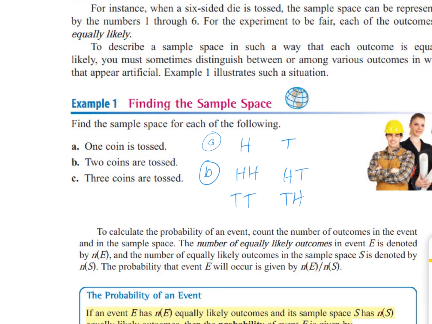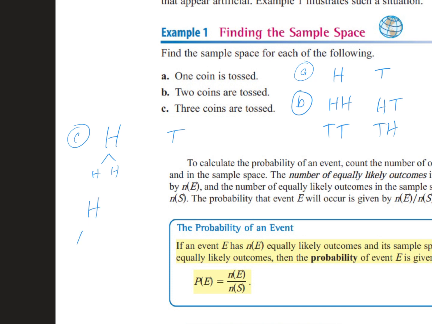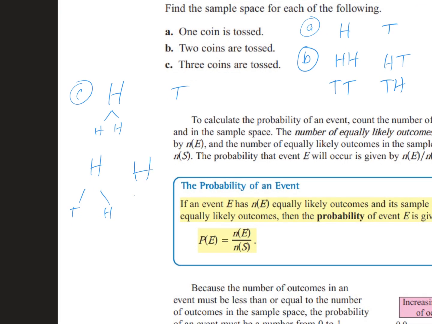So what happens to your sample space when you introduce new things into your experiment? It doesn't necessarily double. In this case it did, but it increases. If I have 3 coins, think about our possibilities. I have a head and a tails. With that heads, could I get 2 heads? Could I get a heads, then a tails and a head? A heads and then a heads and a tails?